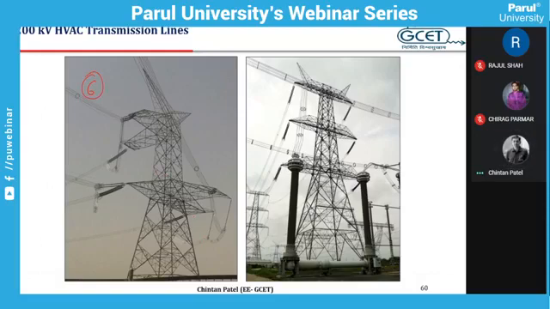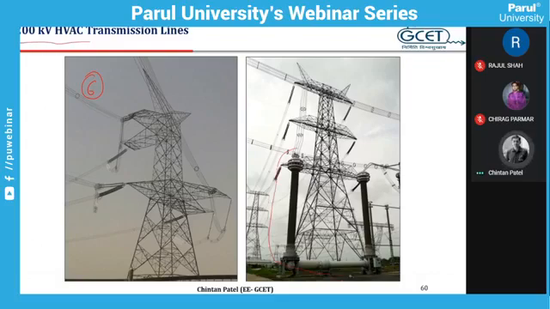This is the transmission tower of a new 1200 kV transmission line, which is under experiment by Power Grid Corporation of India Limited in Madhya Pradesh. The name of the substation is Bina. The line is under experiment at 1200 kV, and this is the photograph of the 1200 kV line.